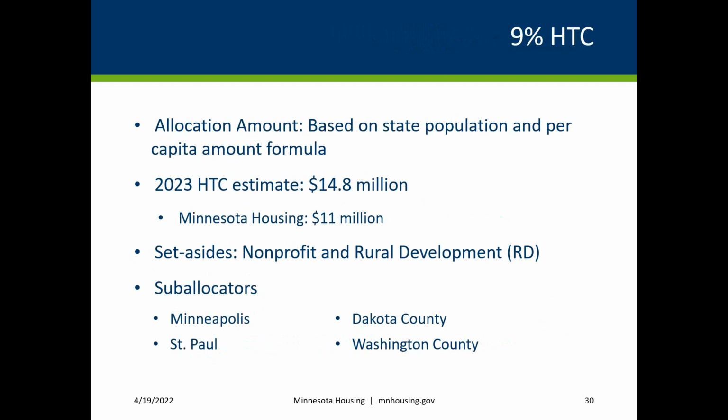So projects within these sub-allocator jurisdictions are encouraged to apply for HTCs directly to these sub-allocators. Minnesota Housing administers the HTCs for all other areas outside the jurisdiction of the sub-allocators. Next slide, please.